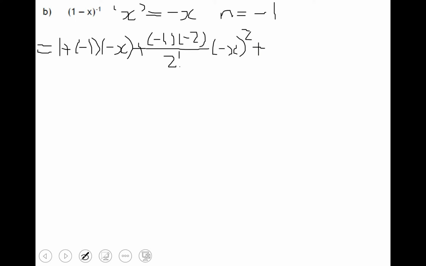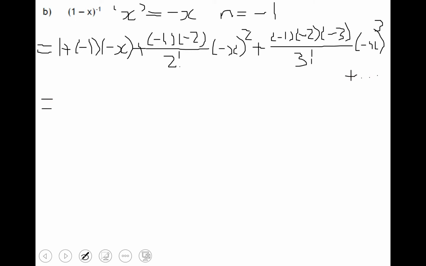plus minus 1 times minus 2 times 1 less again, minus 3, all over 3 factorial, times (minus x) all cubed, plus dot dot dot, equals 1. Minus 1 times minus x is plus x, so it's 1 plus x.